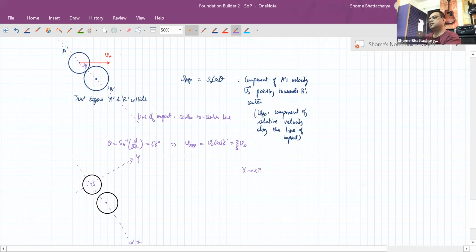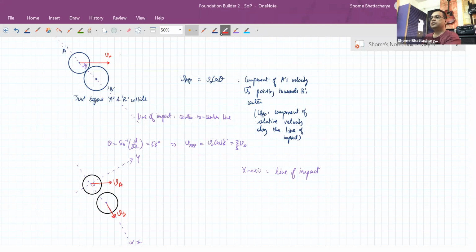So x-axis is the line of impact. So B's velocity just after impact should be along this direction, because the impulse is acting along that direction. Okay. But A's velocity, let's assume, is in some direction like this. Okay, so it's making some kind of an angle.